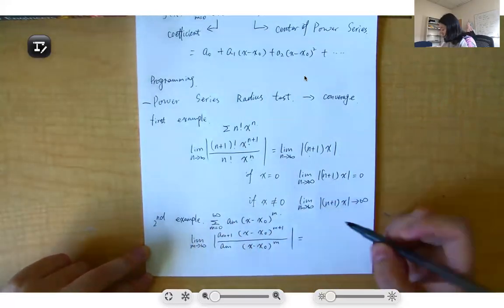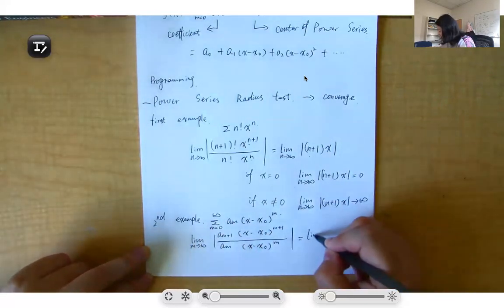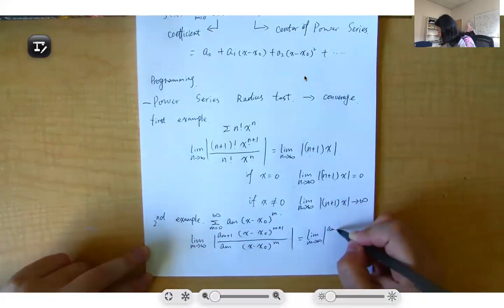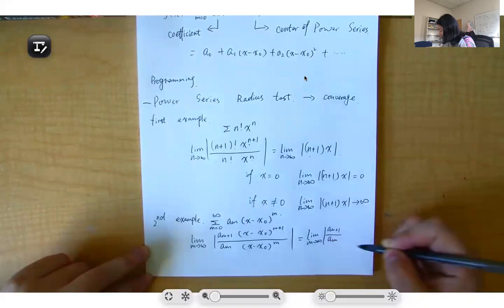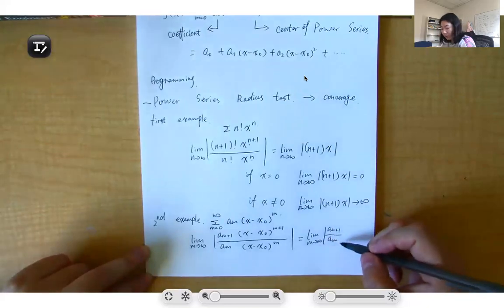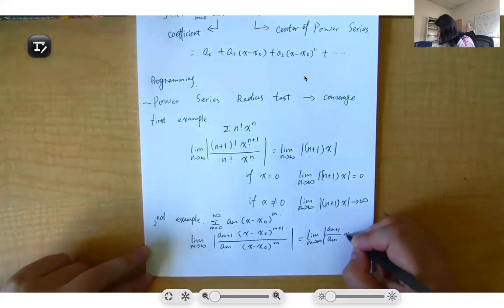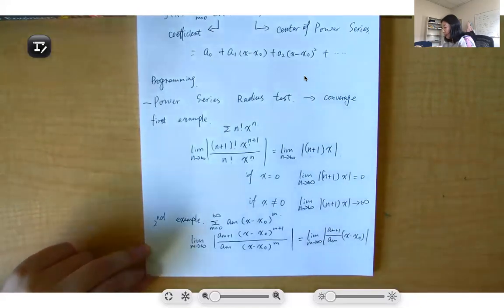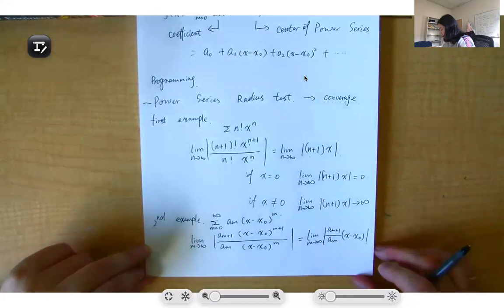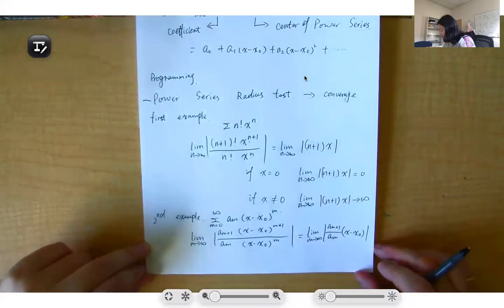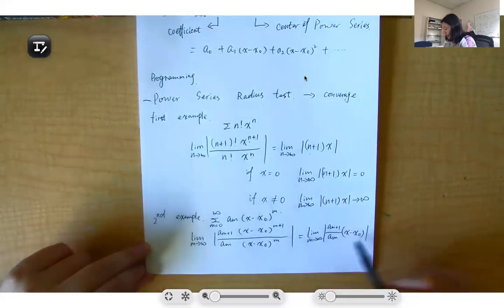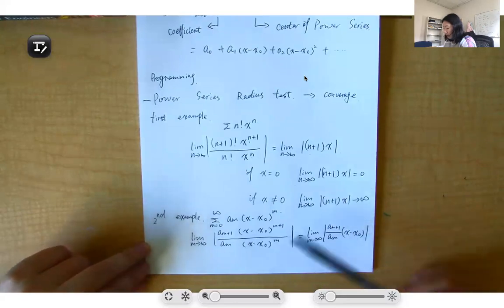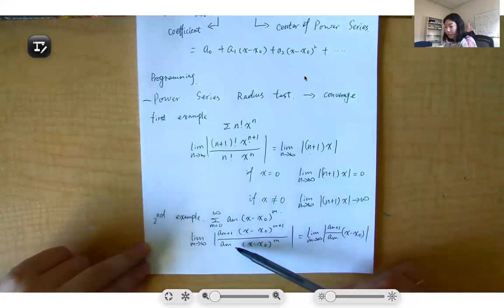If you do this ratio, it should equal the limit as m goes to infinity of a_(m+1) divided by a_m, this coefficient ratio, times (x minus x naught). This is our ratio between the m plus 1 step and the m step.